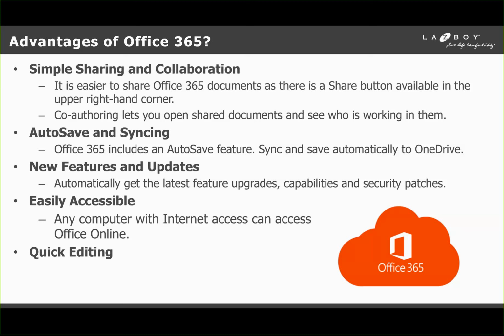Autosave will be off by default if you're working on a local file off your computer, but if that file resides in your OneDrive account, it will enable autosave, and the autosave is very aggressive. Every time you make a single change, if you put a dot in, for example, or one letter, it automatically saves it instantly. So you don't have to worry anymore about losing data if your computer dies, or you accidentally closed something and forgot to save it, because it's already auto-saving in the background.